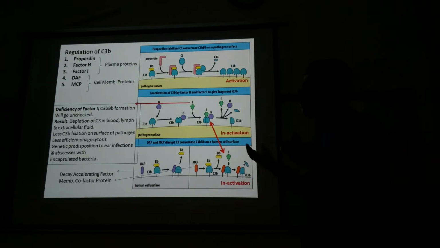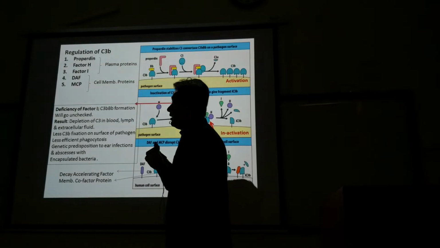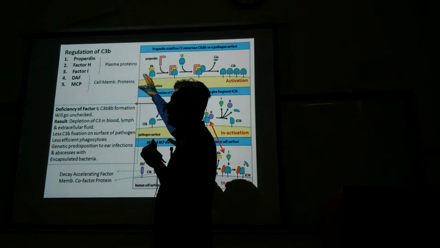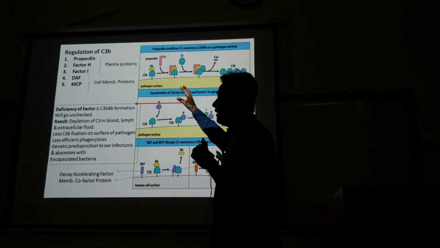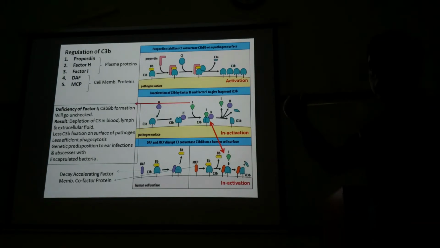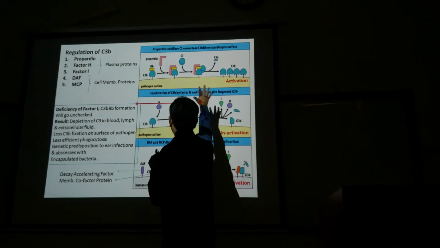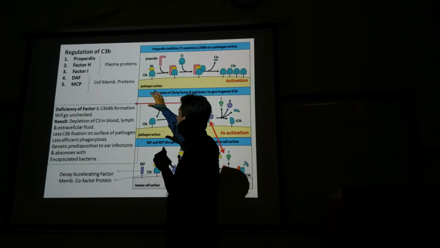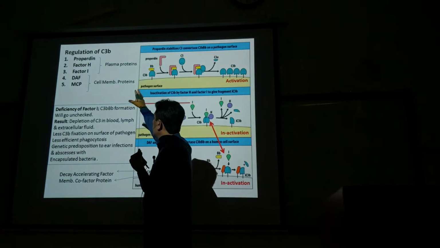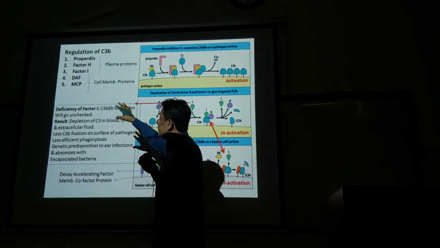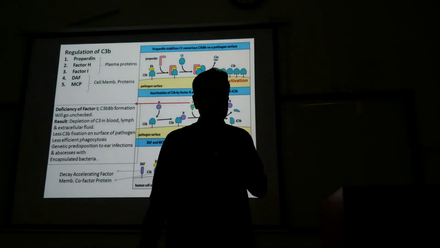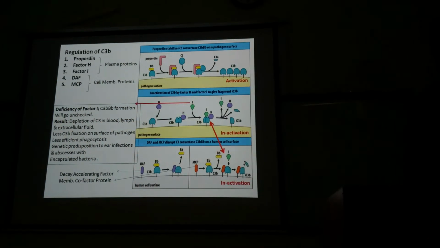So all these different processes are very well regulated, and for regulation of C3b there are some mechanisms in place. For regulation of the C3b activation or inactivation, both plasma proteins and cell membrane proteins are used inside our bodies.